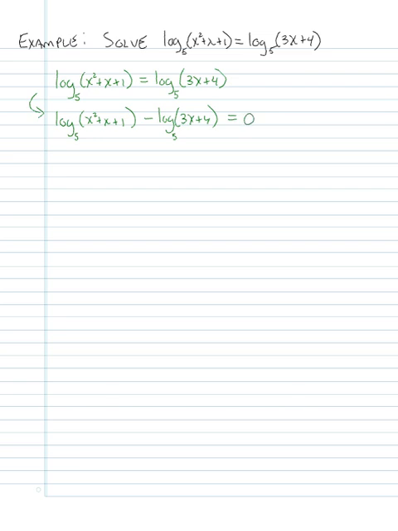Now, if we did that, we would bring the two logarithms together by saying the logarithm of the fraction x squared plus x plus 1 divided by the argument 3x plus 4, and of course this is base 5, equals 0.